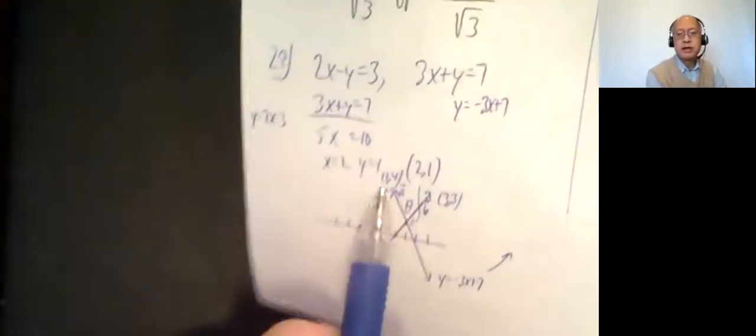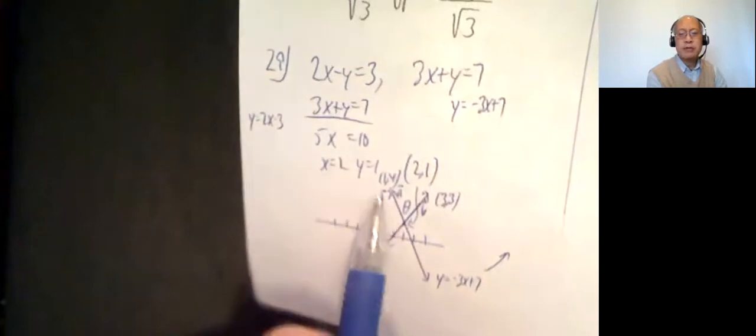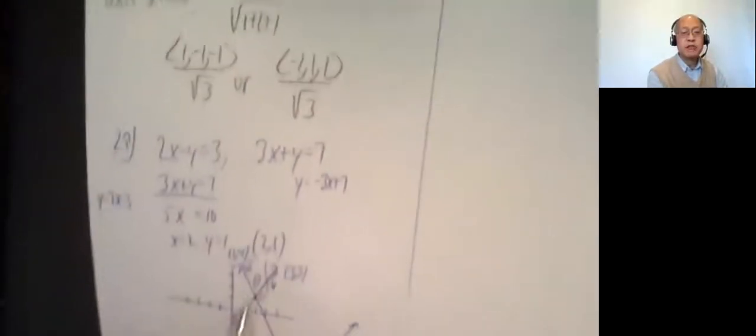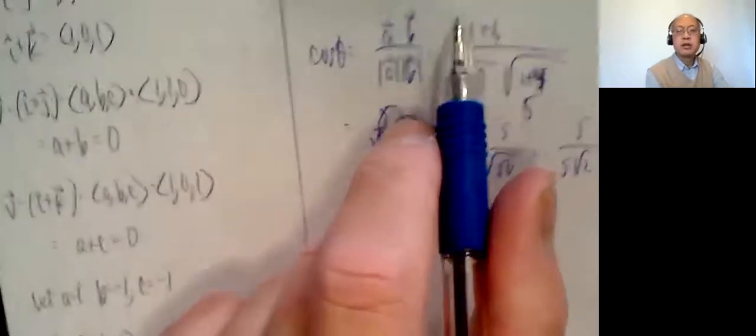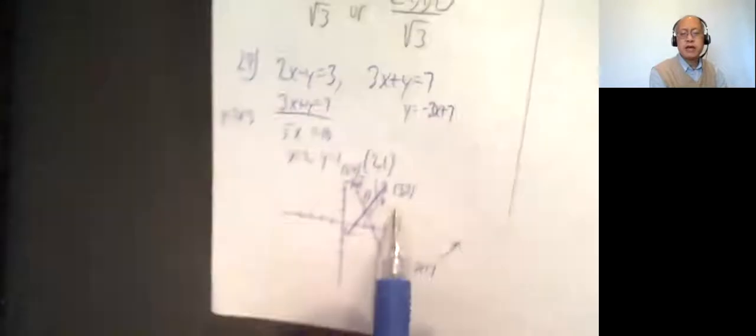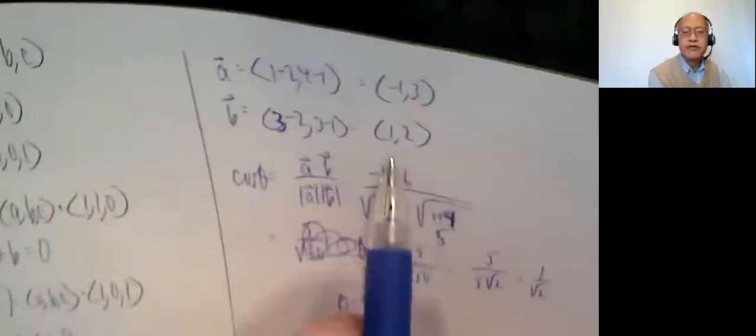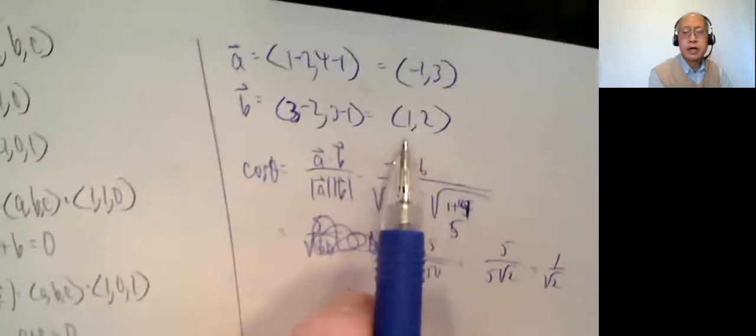From 2, 1 to 1, 4, I change x by -1 and I change y by 3. So -1, 3, delta x, delta y. Similarly, for vector B, from 2, 1 to 3, 3, delta x is 1, delta y is 2. So the vectors are -1, 3, and 1, 2.